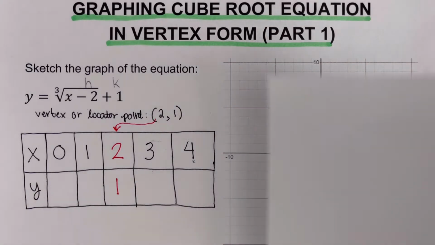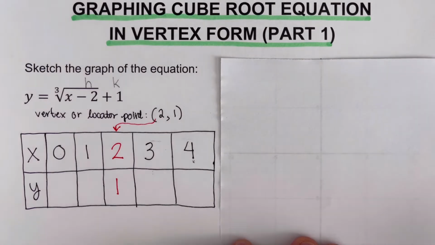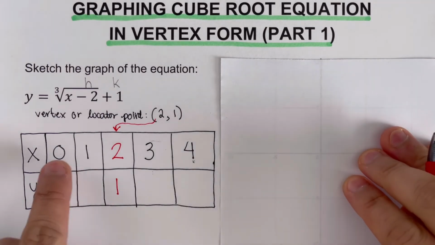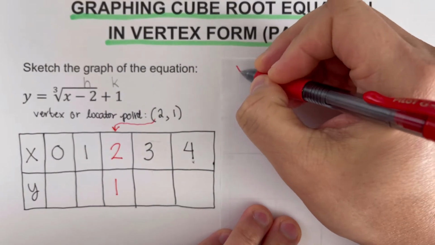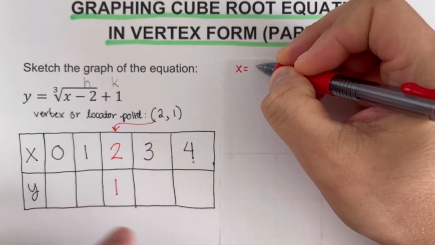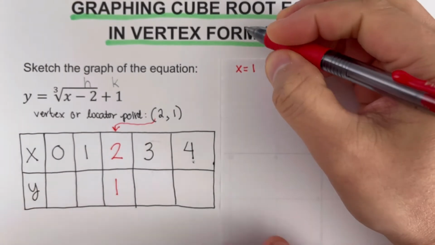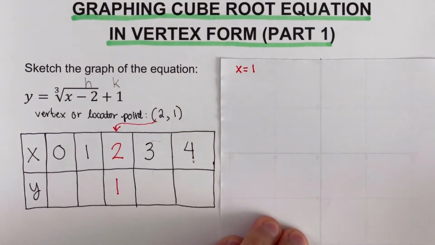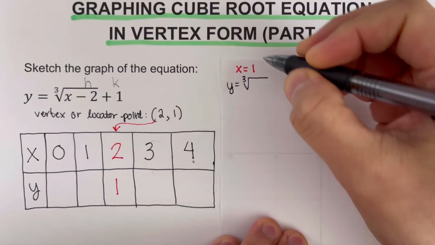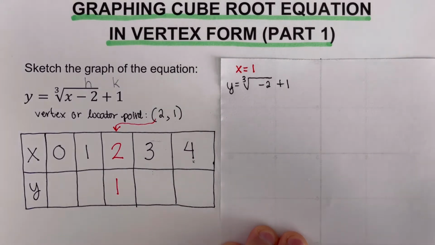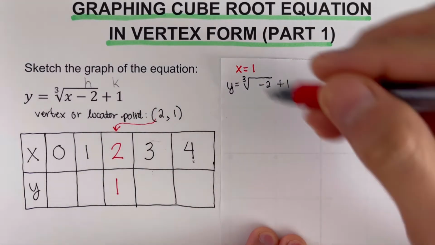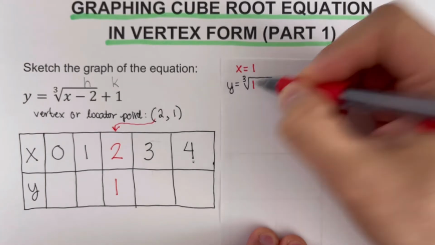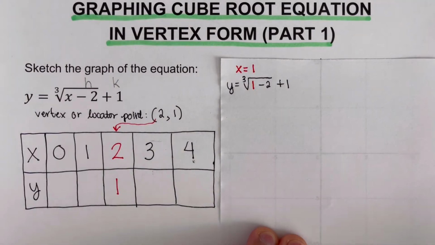In order to determine those values for y, we use the x value and plug it into the equation. For example, let's find the value of y when x is 1. Instead of writing x, I leave it blank because that's where we put the number, so I put 1 right there and simplify.